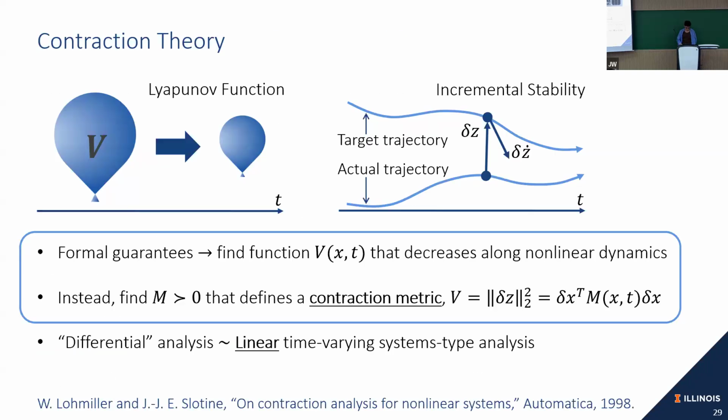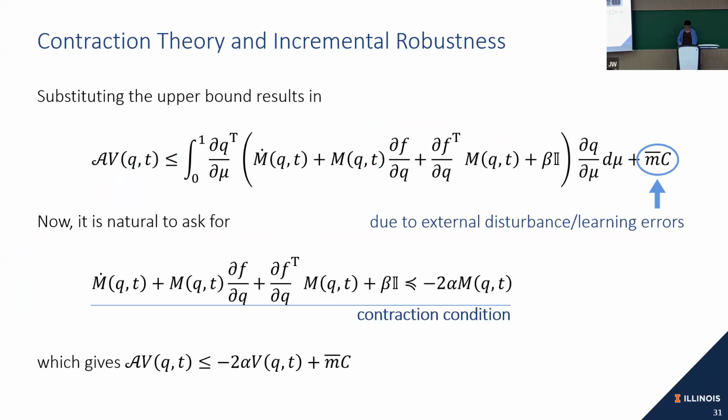Basically, by computing the differential operator, the time derivative, with this contraction condition, you get this equation at the bottom, which basically says that your distance is decreasing with a slight bit of perturbation.